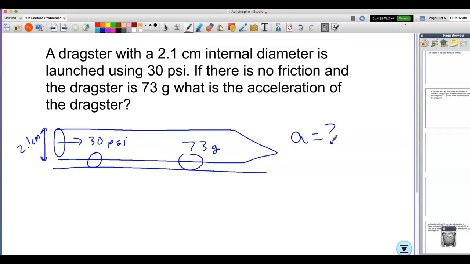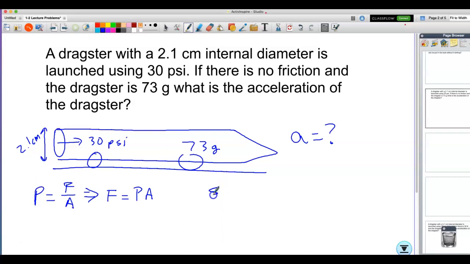So, what formula are we going to use? We're going to use pressure equals force over area, but we want an acceleration, so we need to make sure that force equals the pressure times the area. And we need to look at our forces.